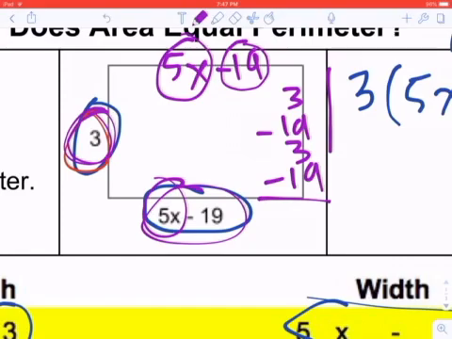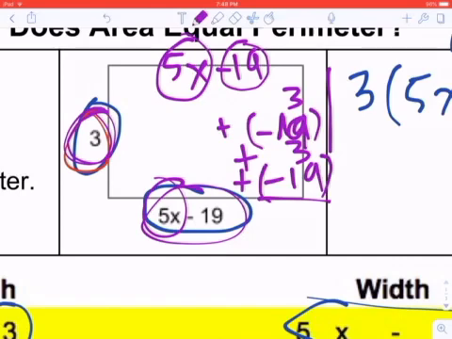So I have to add all of that up. So I would be adding up 3 plus negative 19 plus another 3 plus negative 19. And you can type that right into your calculator.